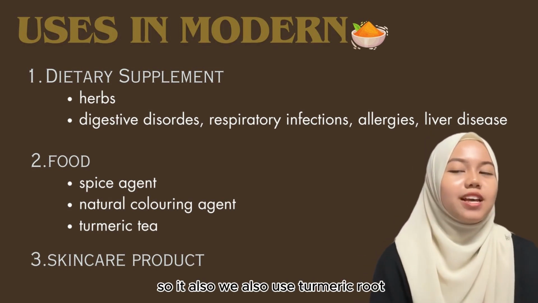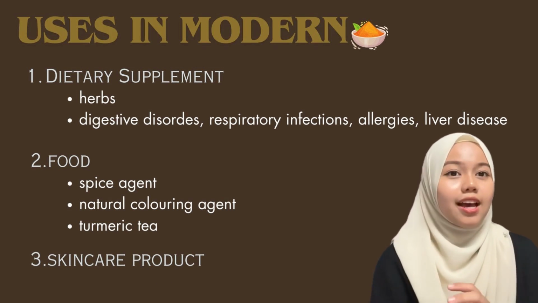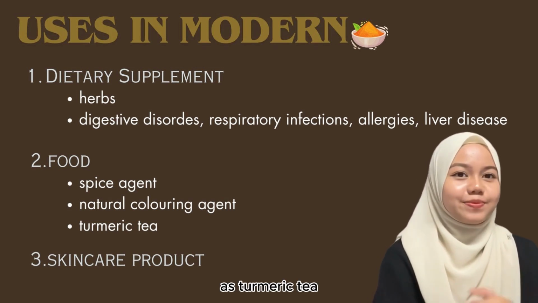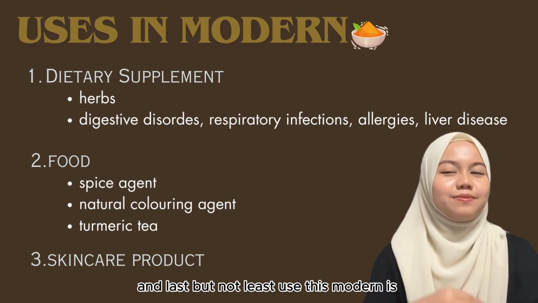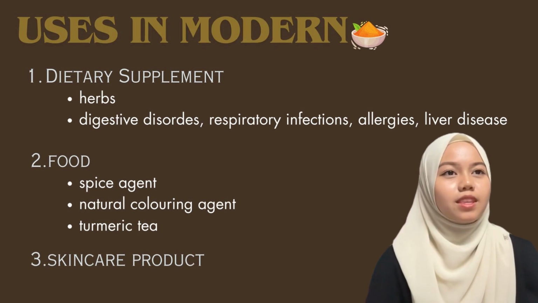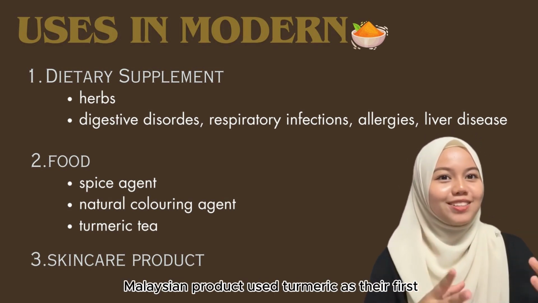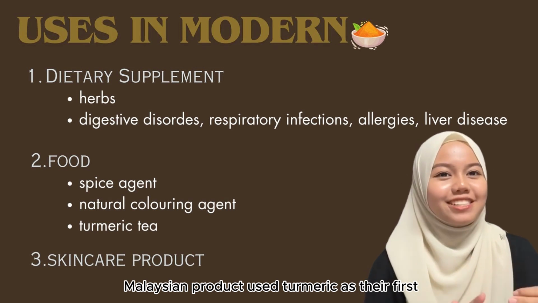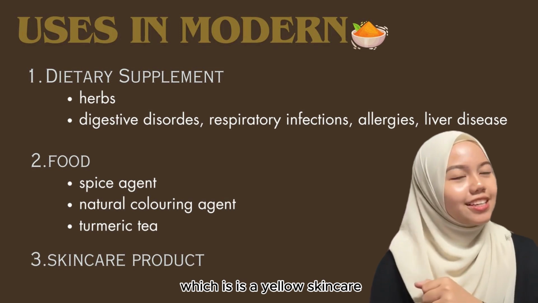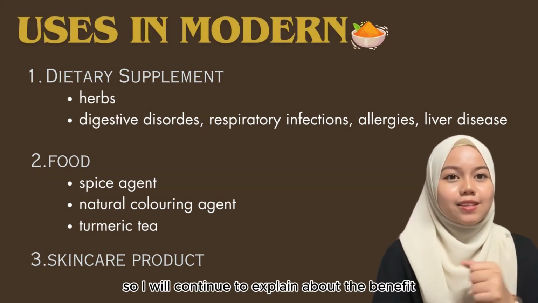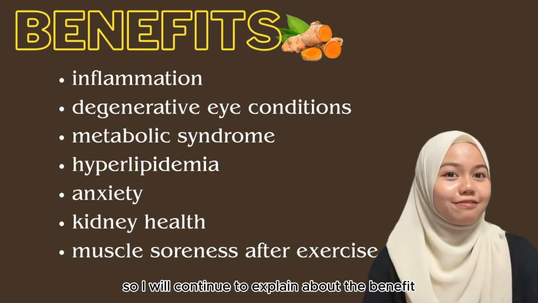We also use turmeric root as turmeric tea. And last but not least, use in modern is skincare products. If I'm not mistaken, there is one Malaysian product that uses turmeric as their first ingredient in skincare, which is a yellow skincare.